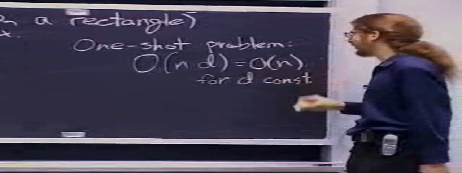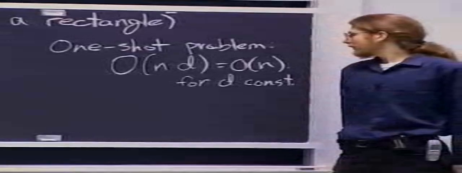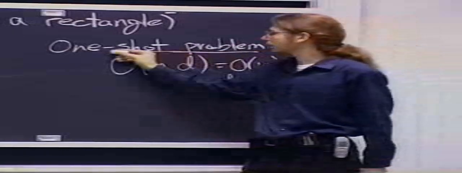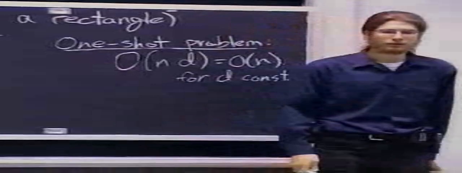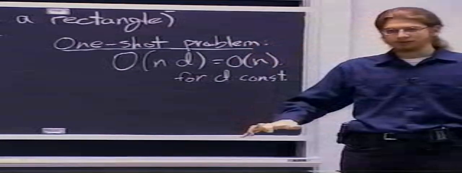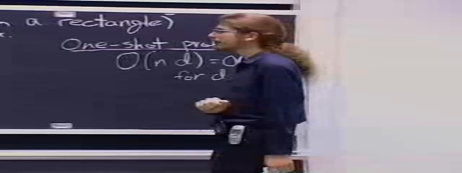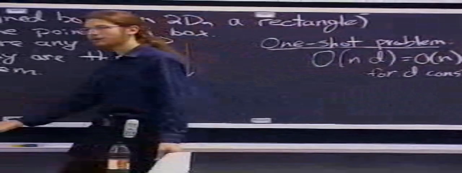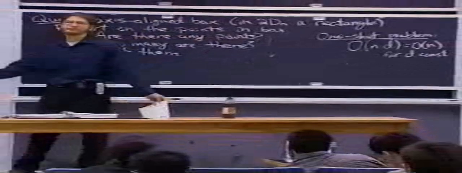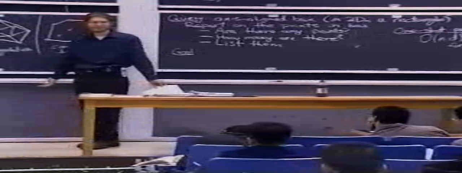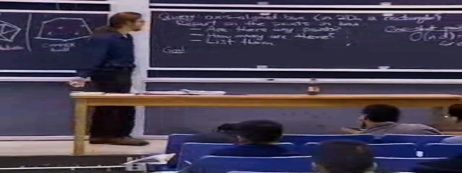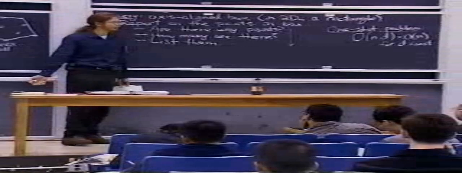So 2 or 3 or 5 dimensions. I call this the one-shot problem because it's the problem where I give you the set of points and one rectangle that I'm interested in. But what I really care about is I give you a set of points. The set of restaurants in Massachusetts doesn't change too often. Maybe more often than you'd like, but relatively infrequently.